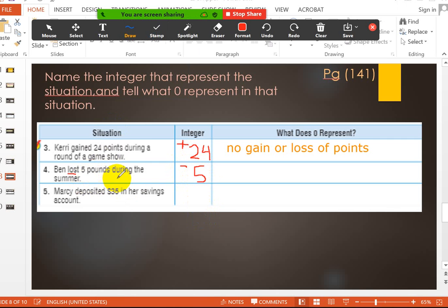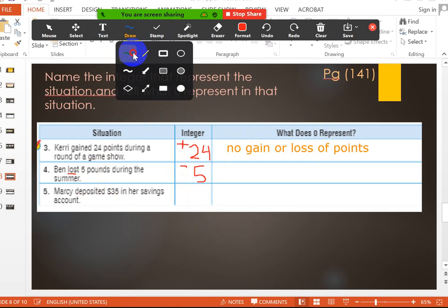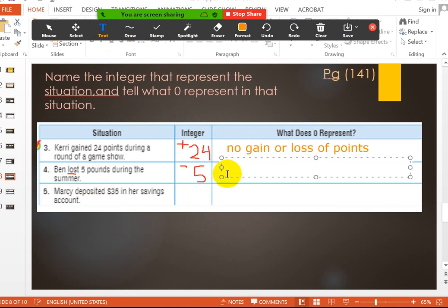Okay? If I have 0 in this number, I have 0 pounds. That means neither gaining nor losing weight. If I'm talking about the pounds or the weight, and I told you the pounds equals 0, that means I didn't gain a pound, or I didn't lose weight.